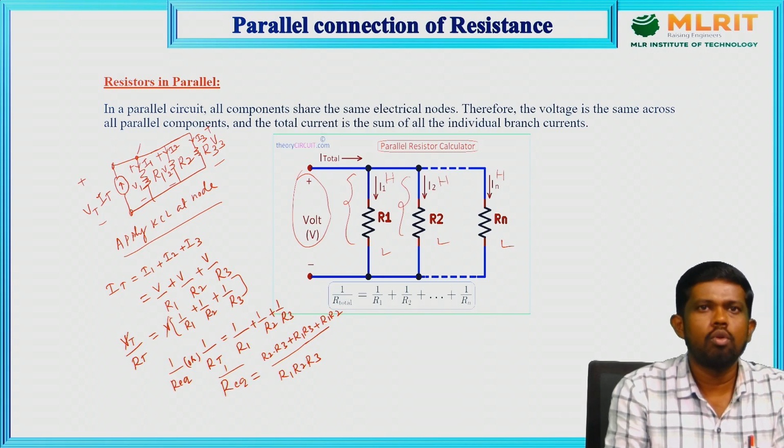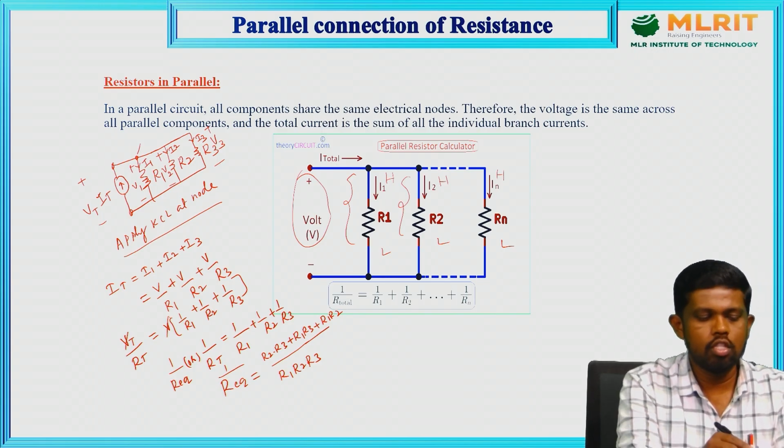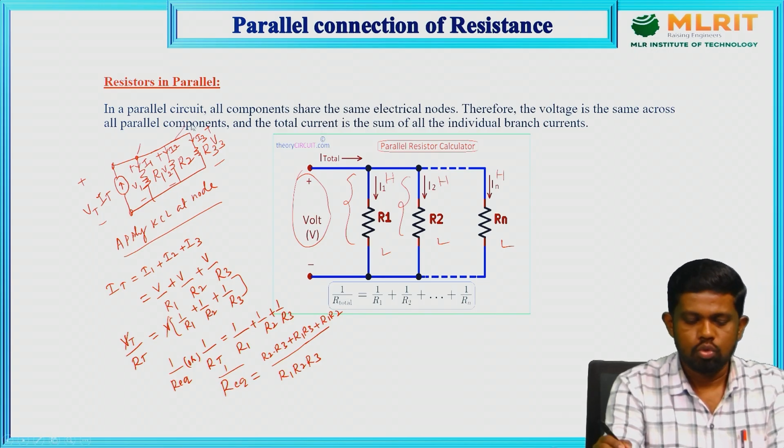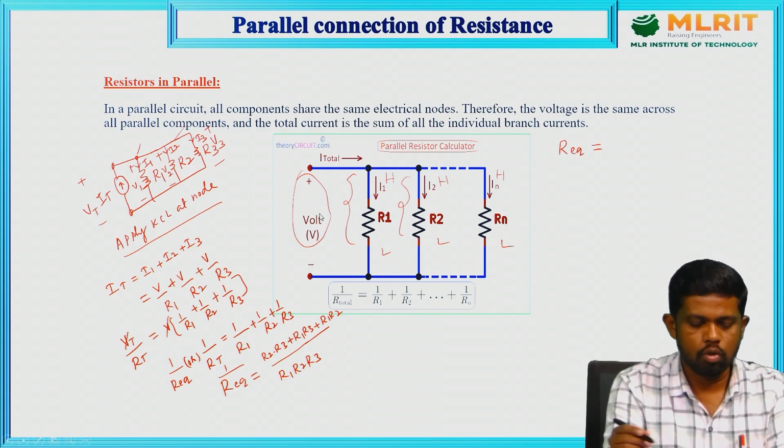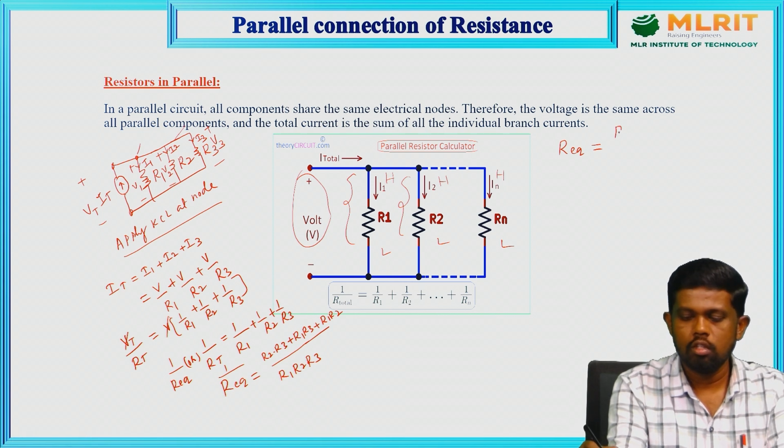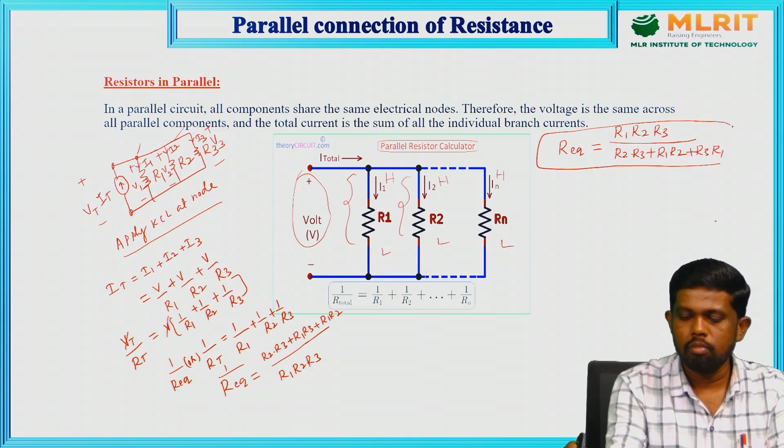From this we get the exact equivalent resistance of this combination: R equivalent equals R1 R2 R3 upon R2 R3 plus R1 R2 plus R3 R1. This is the effective resistance of the parallel connection.